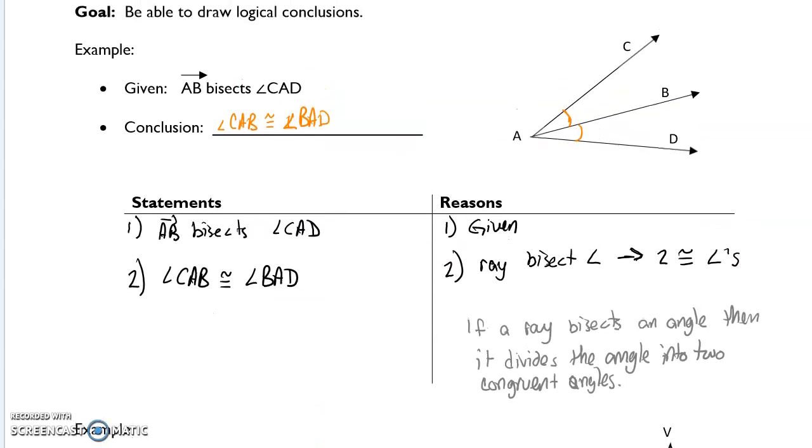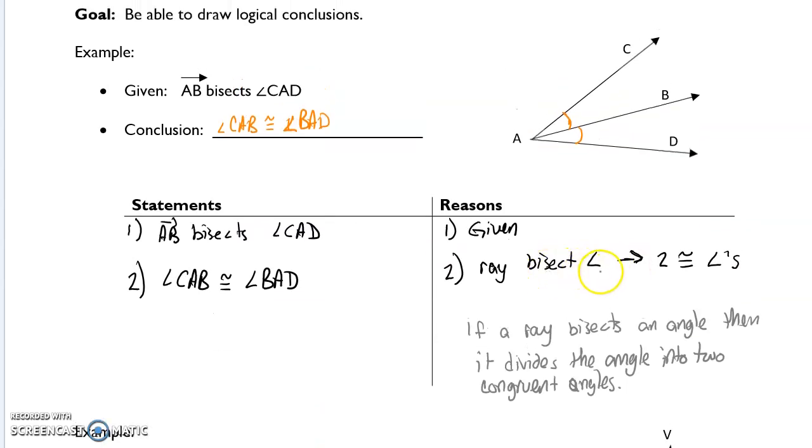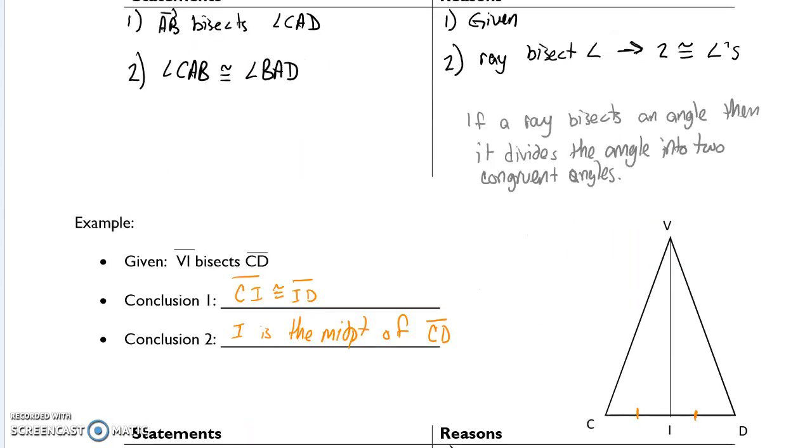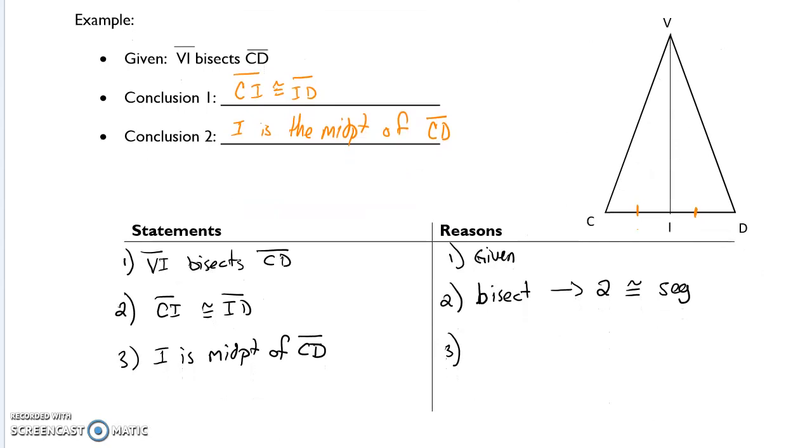If I say bisect an angle implies two congruent angles, correct. If I said bisect angle implies two congruent segments, incorrect. That's why sometimes I'll have my students, instead of just saying bisect, say bisect what? I'll leave a little room and say bisect a segment, that implies you have two congruent segments.